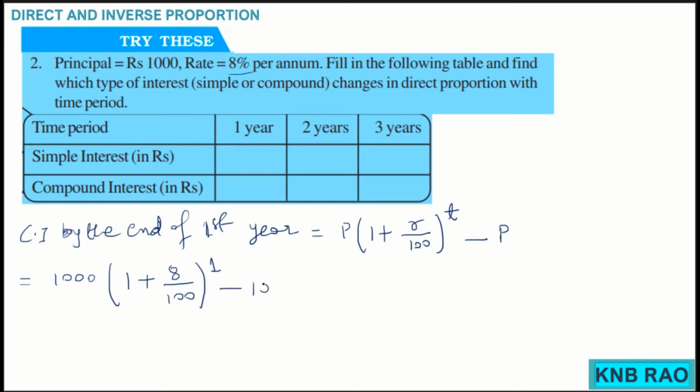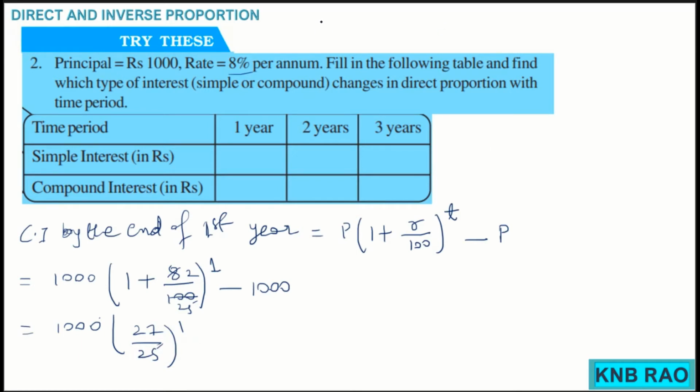So minus 1000. So 1000 into 8 upon 100 cancels with 4, 4 2s are 4, 25s are. So 1 plus 2 by 25 becomes 27 by 25 raised to the power 1.